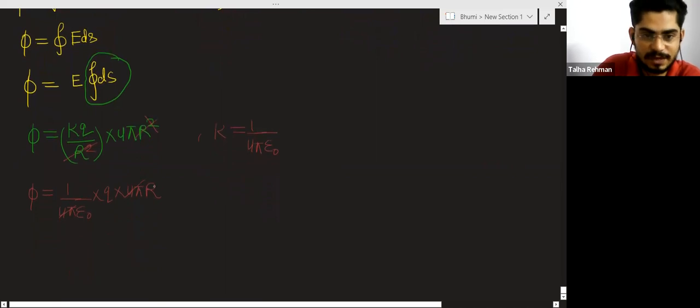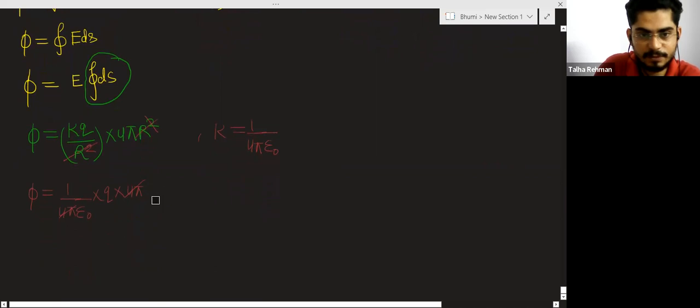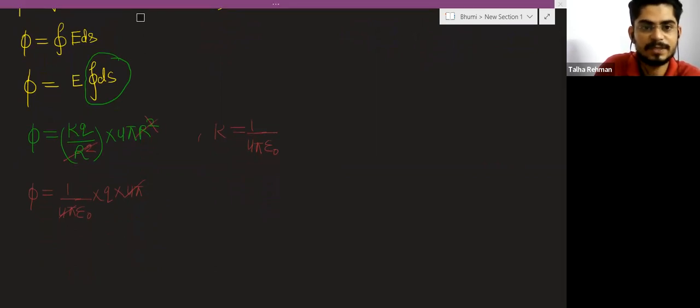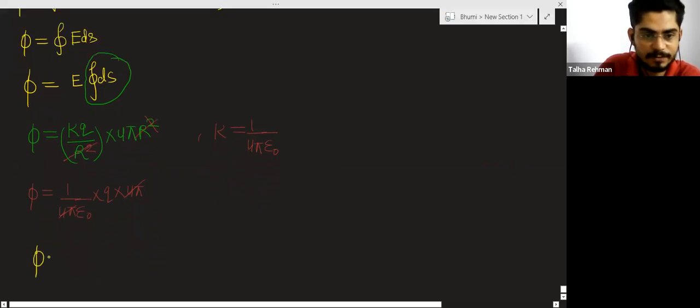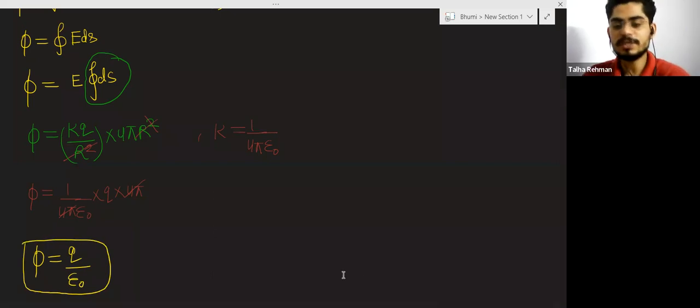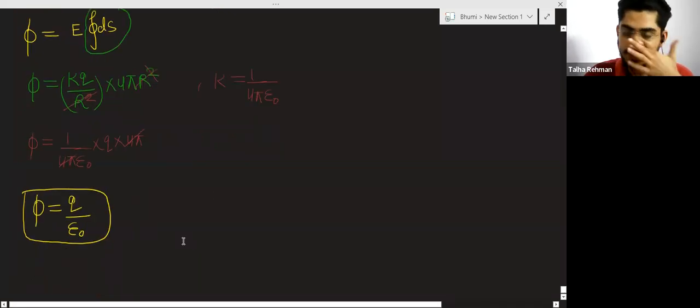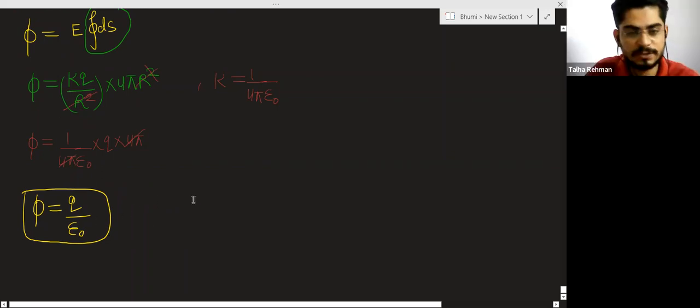So we have the formula of phi: phi equals q by epsilon naught. See here, what is q? Q is the charge inside, and epsilon naught is the permittivity constant.